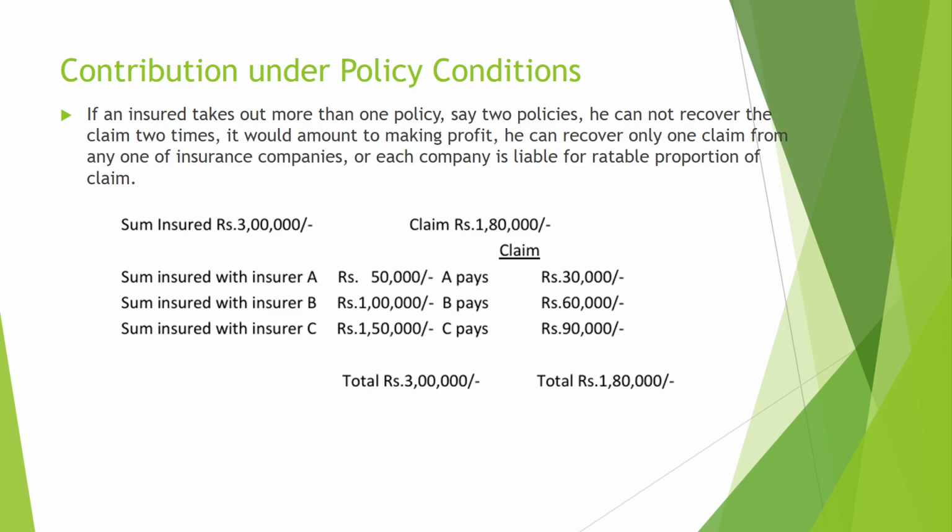So A, B, C are the three insurers. I have taken three policies here. A pays 30,000, B pays 60,000 and C pays 90,000. He has the policies with them. So the total is 1,80,000.